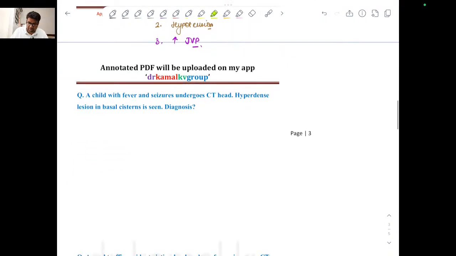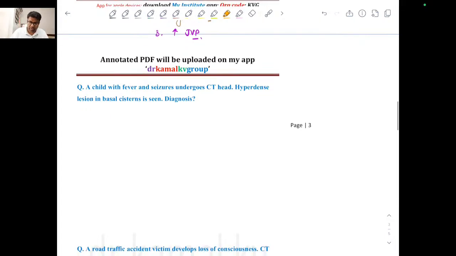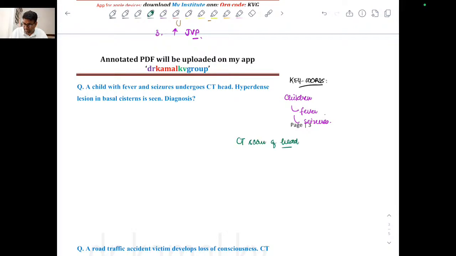Next question. A child with fever and seizures undergoes CT scan of head. Hyperdense lesion in basal cistern is seen. So let us write the keywords. A child with fever and seizures. But what is more important is the CT scan of head.